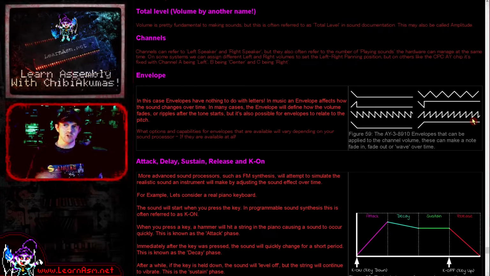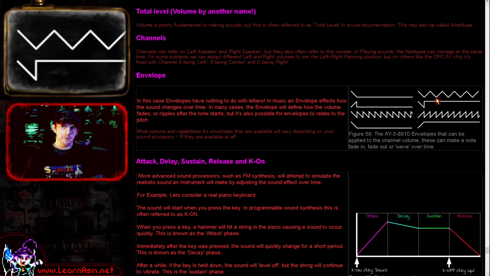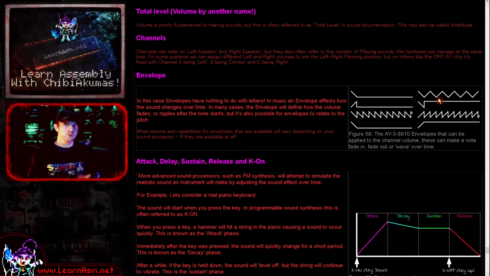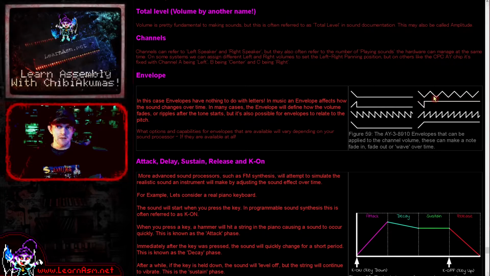You will usually turn the envelope on and select the envelope for one of your channels. This is based on the AY hardware, so these are the options available on that. Other systems have other options, and some have no options at all. The other thing is that envelopes don't necessarily mean volume. It can also affect the pitch, so it's simply the applying of a function across time, not necessarily to volume.